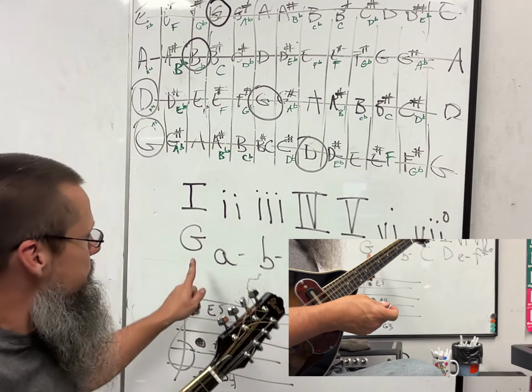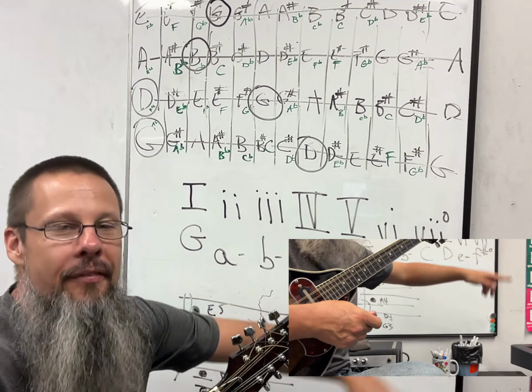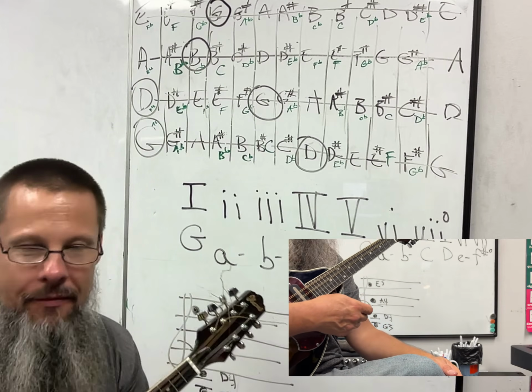When we're playing this, G, A, B, C, D, E, F sharp is going to be our 7-note scale.